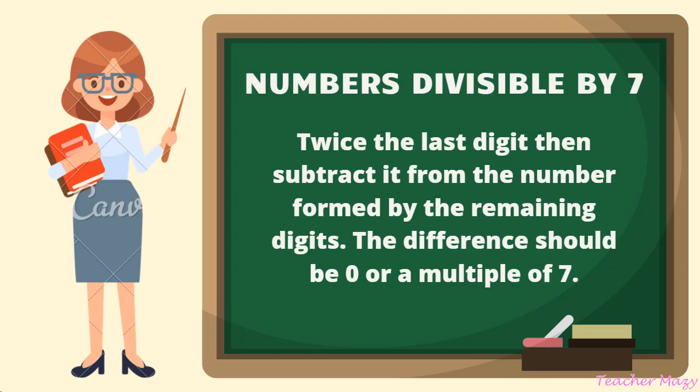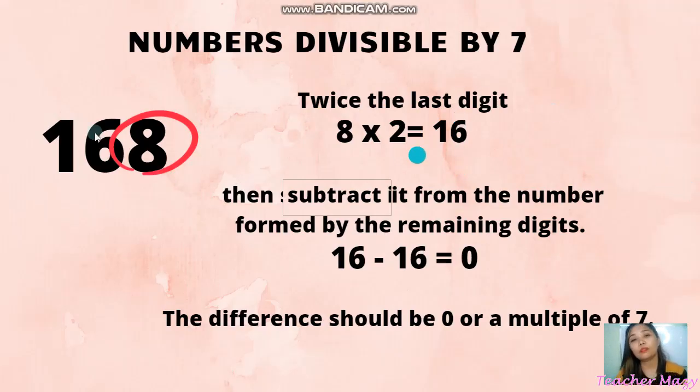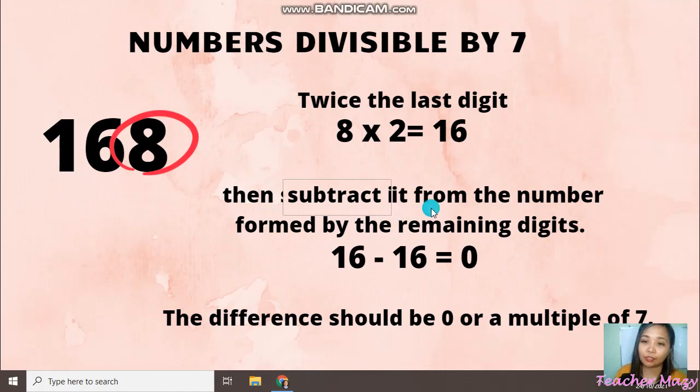Okay? So, for example, we have 168. It says that we need to twice the last digit. So, that means we need to multiply it by 2. 8 times 2 is equal to 16. Then, subtract it from the number formed by the remaining digits. Tatanggalin natin yung 8. Ang matitira lang ay 1 and 6. 16.